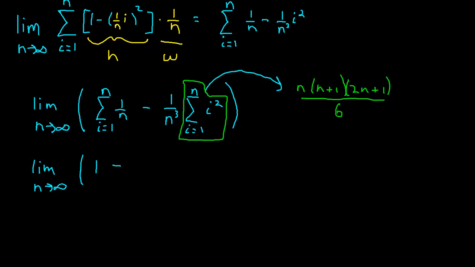If we multiply it by 1 over n cubed, we should get 2n cubed plus 3n squared plus n, all over 6n cubed.